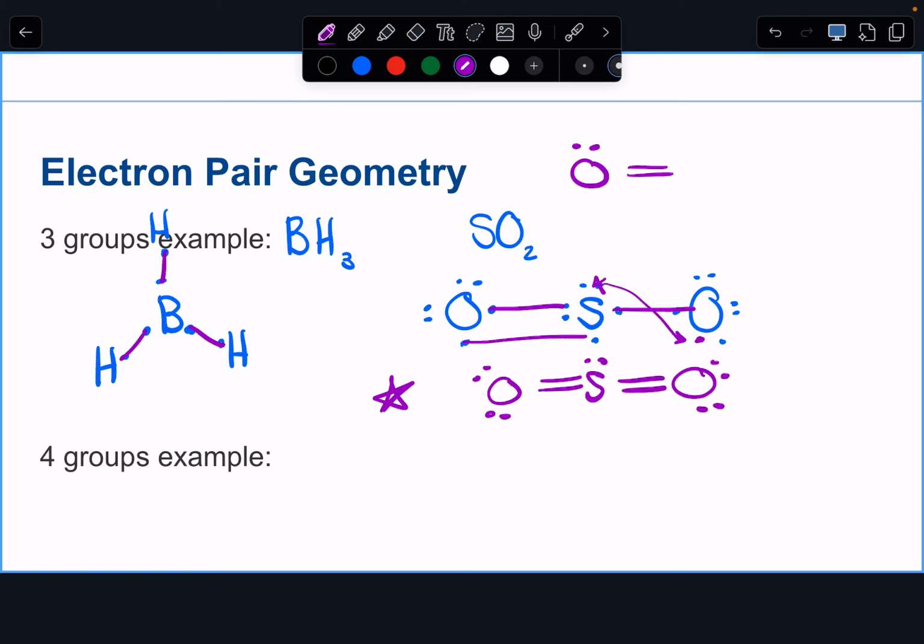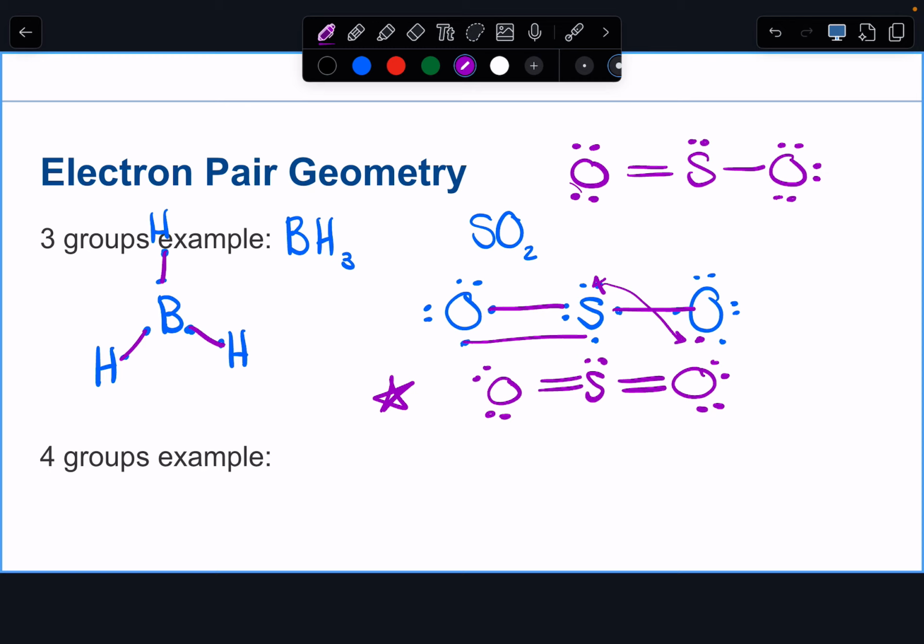Let's see. 6 times 3 is 18, or 9 groups. 1, 2, 3, 4, 5, 6, 7, 8. I don't think you can do this. I think you wouldn't be able to satisfy the octet that way. 2, 3, 4, 5, 6, 7, 8. Oh no, like this. 9. That's an option, but it's a bad option.